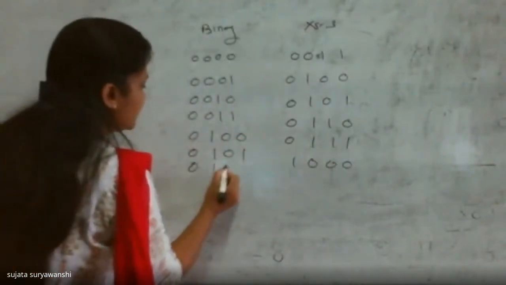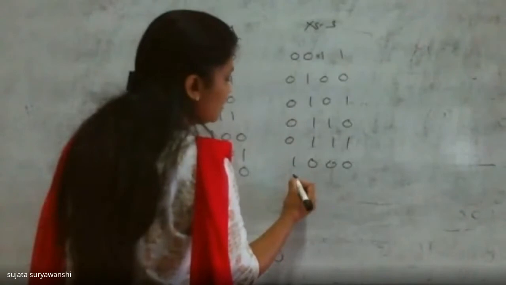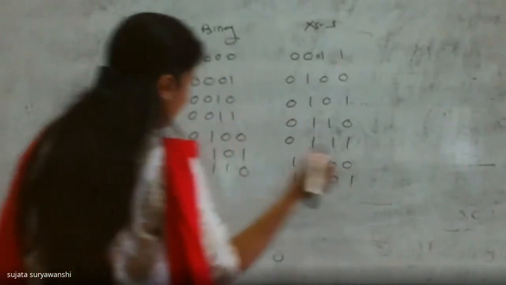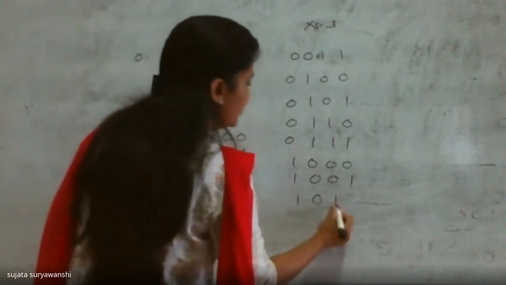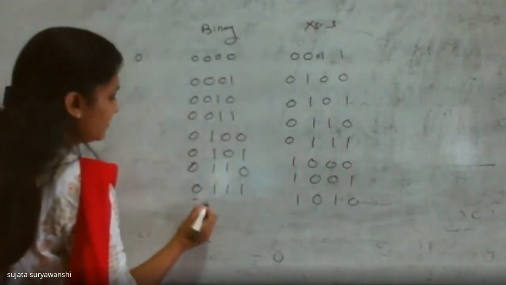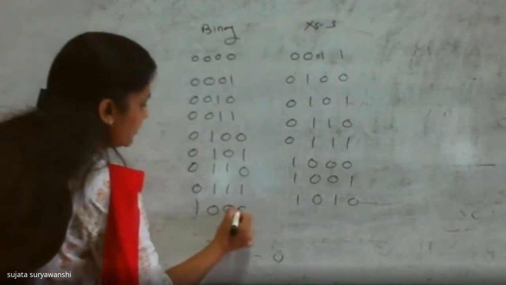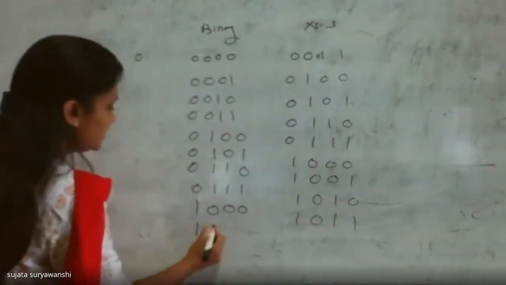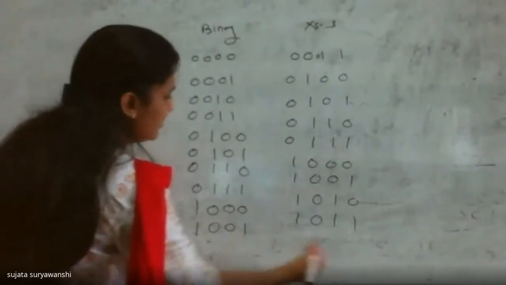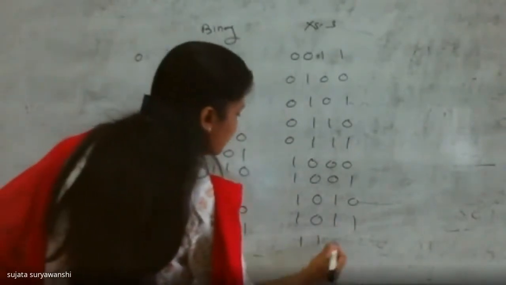Now 6, 6 plus 3 is equal to 9. 7 plus 3 is equal to 10. 8 plus 3 is equal to 11, and then 9 can be represented by this.